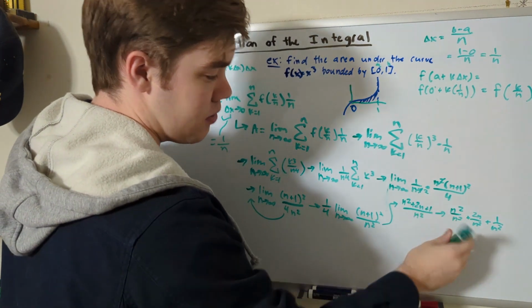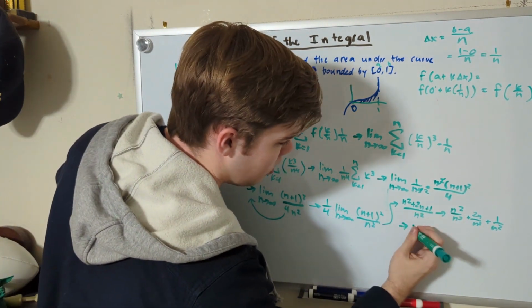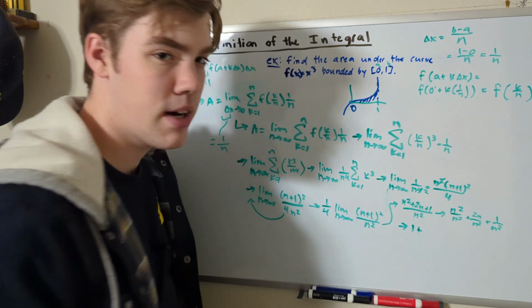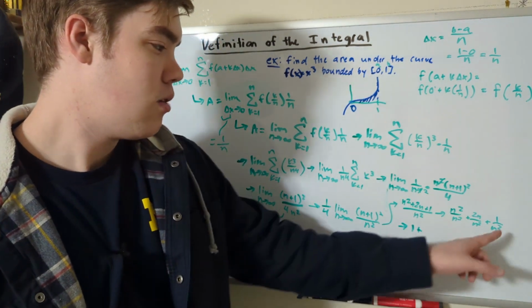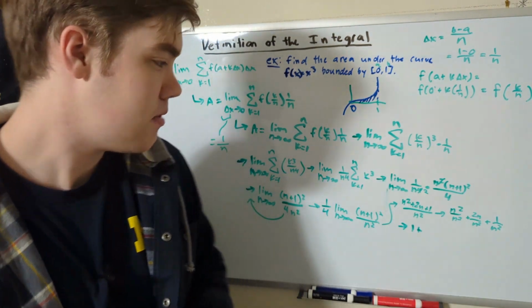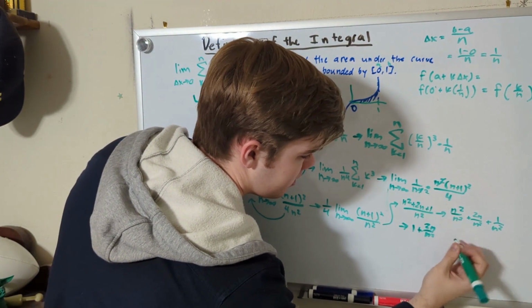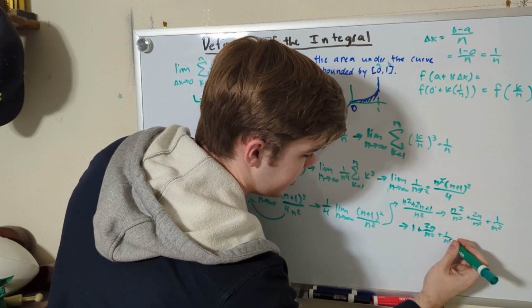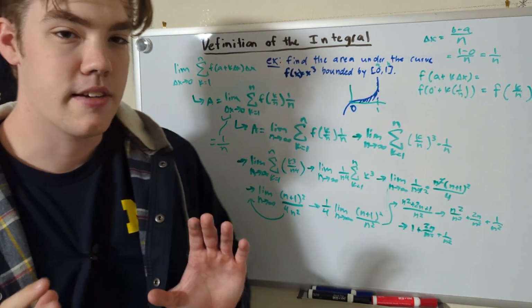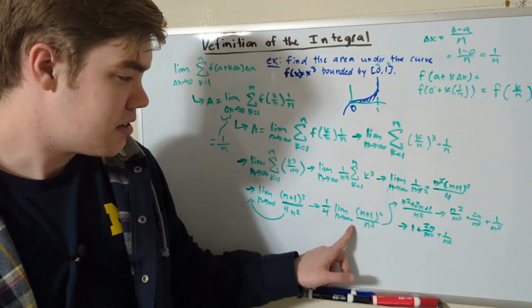This, of course, is just equal to 1, so we get 1 plus 2n divided by n squared. Can't really simplify that at all. 1 divided by n squared, also can't simplify that at all. Now we can finally plug in this limit of n equals infinity.